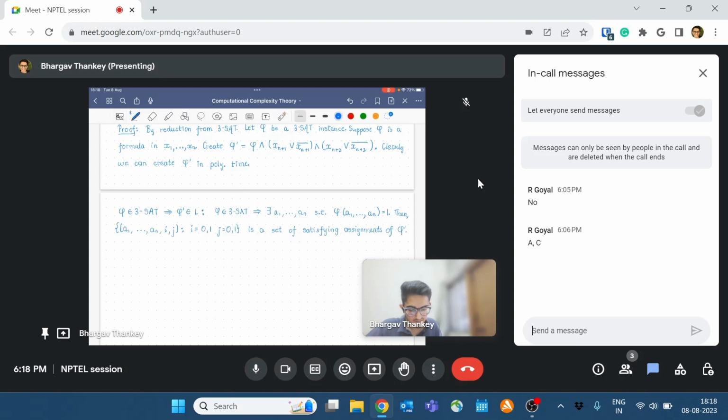Now is it clear why we added these two? Basically from one solution we are creating four solutions. Suppose we wanted to create eight solutions. In that case, what would we have done? If instead of creating four assignments, we wanted to create eight assignments, we'll have to include a few more tautologies.